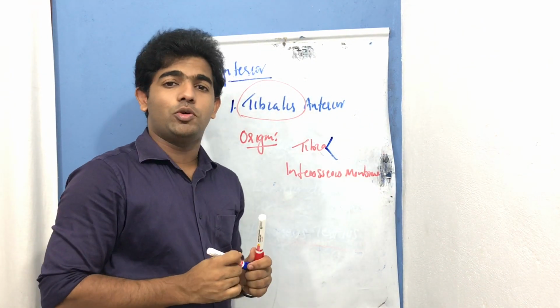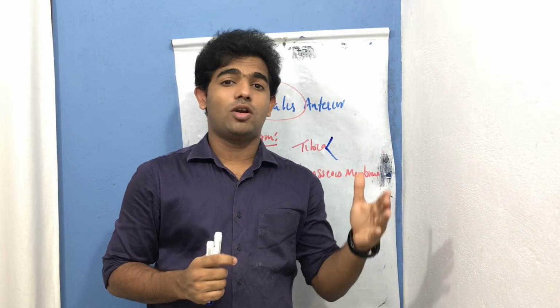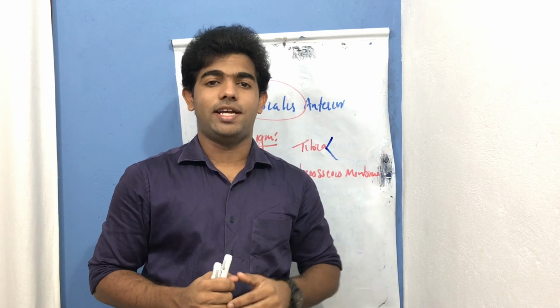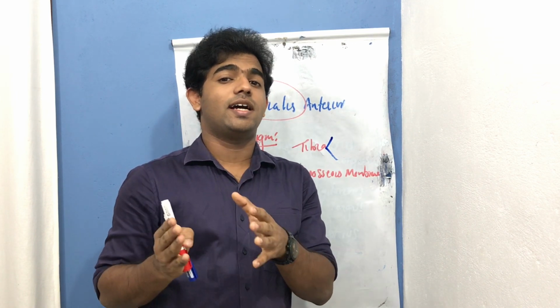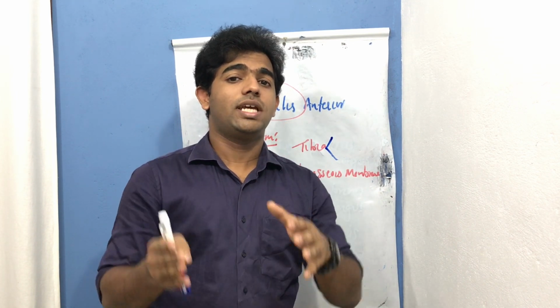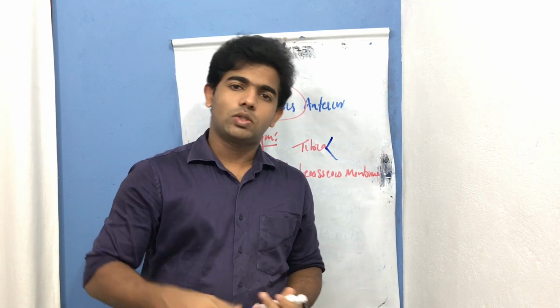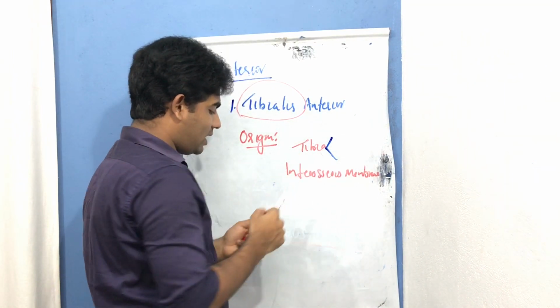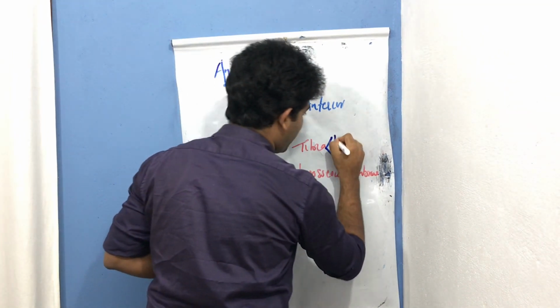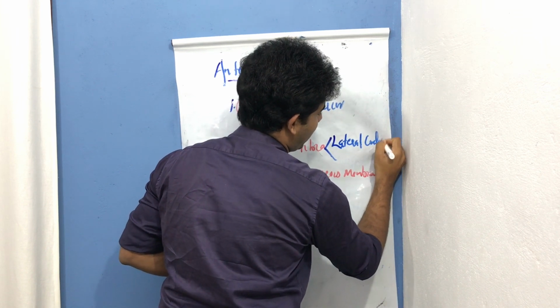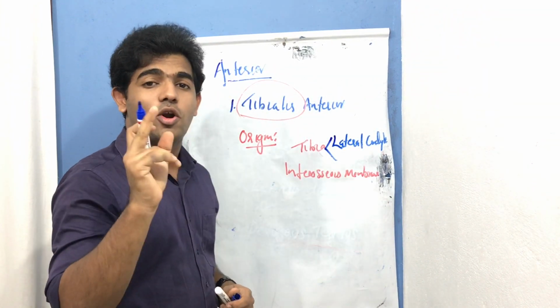In the tibia, you know that there is a medial tibial condyle and a lateral tibial condyle. But we know that on the medial side, the leg has only the anterior compartment, posterior compartment, and lateral compartment. There is no medial compartment, so no muscles there. So it goes straight to the lateral condyle. So this arises from the lateral condyle of the tibia.